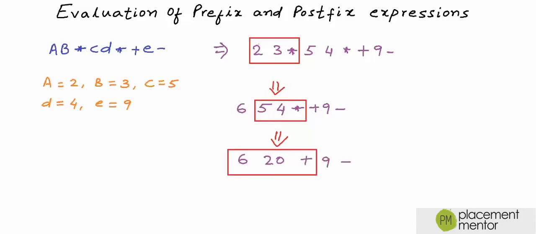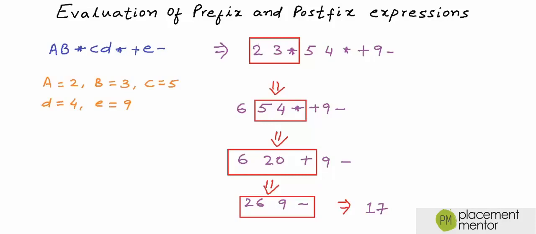Once again, I'll look for the first occurrence of operand, operand, and operator. We will go on like this till we are done with all the operators. When I'm saying we need to look for first occurrence of this pattern, operand, operand, and operator, what I mean by operand here is a value and not a complex expression itself.